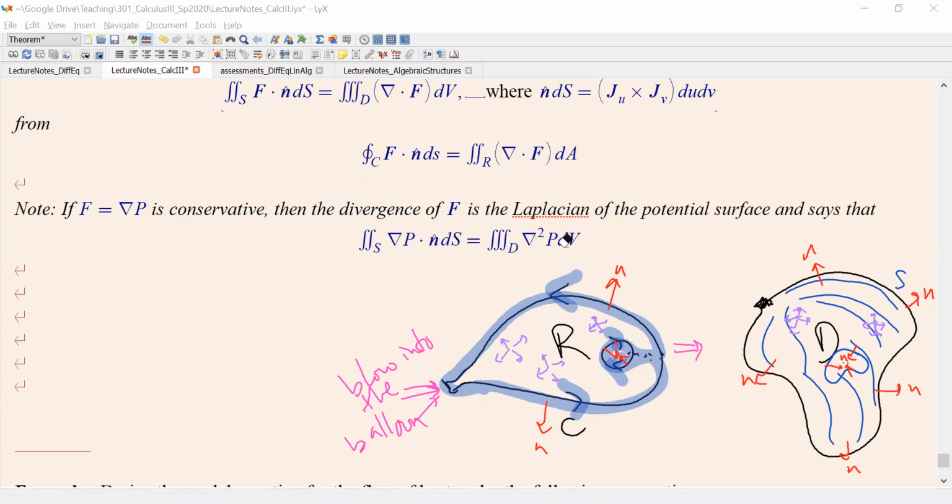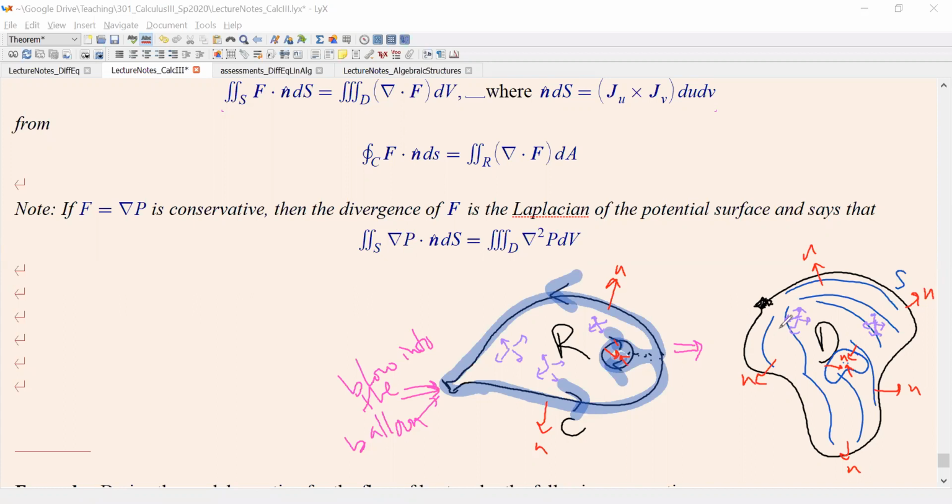And we're told that the sum of the Laplacian over the entire domain is equal to the gradient vector dotted with a normal. So how much the gradient aligns with the normal vector out of the surface is equal to the sum of the Laplacian at every single point in the interior.